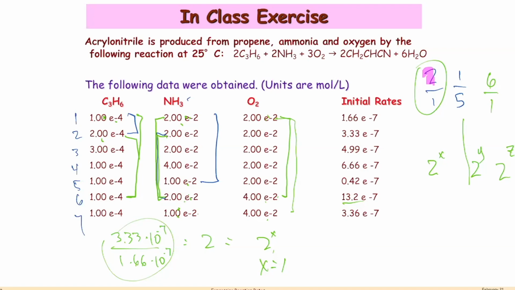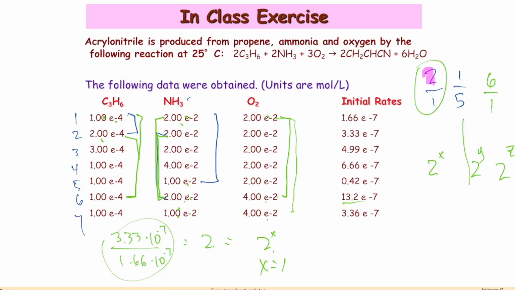You have to find experiments, because you have 3 chemicals to study, in which 2 of the chemicals stay the same and the third one changes. And it doesn't really matter whether it doubles or not because you're going to do the math. That's why I did not pick experiment number 7.